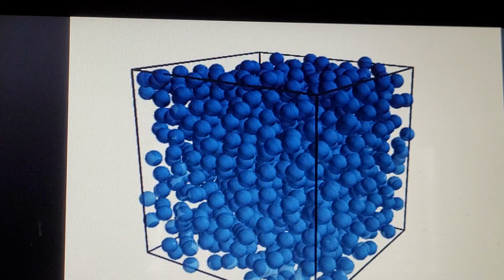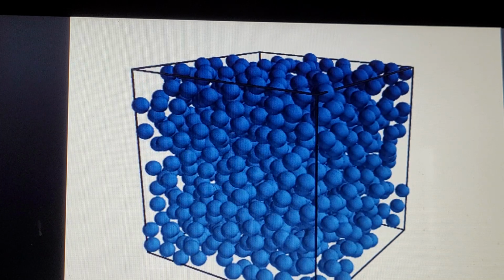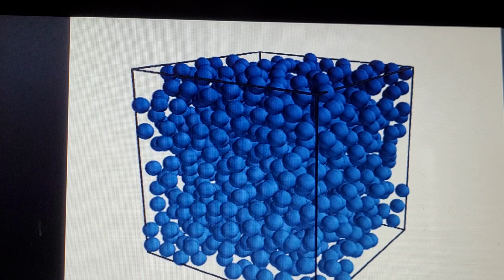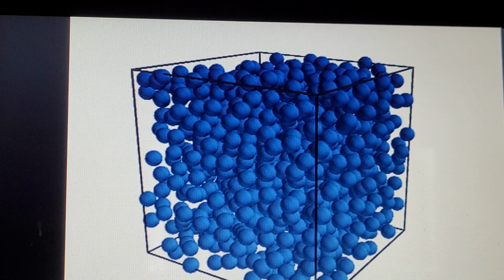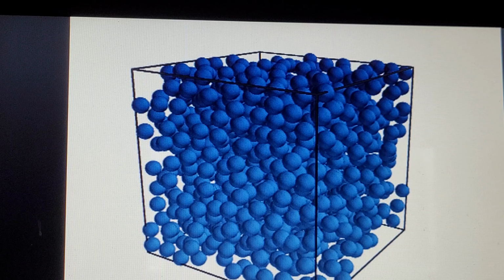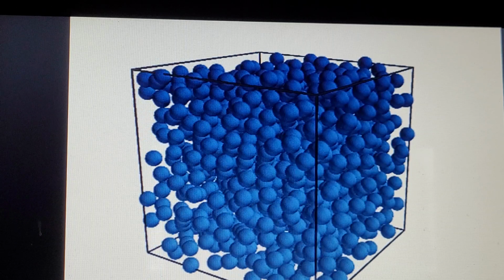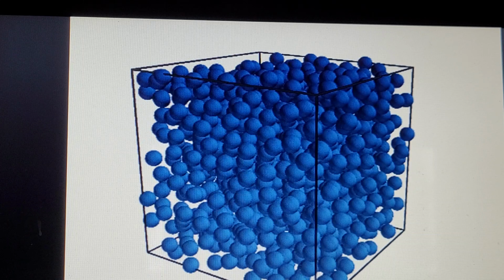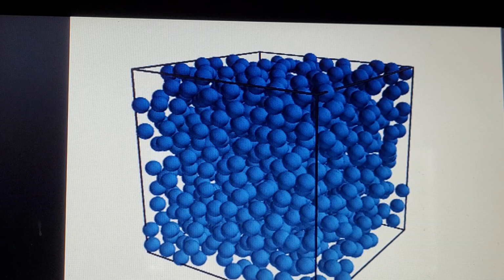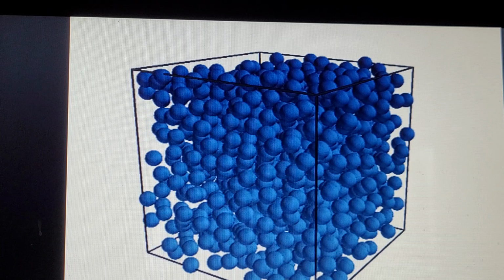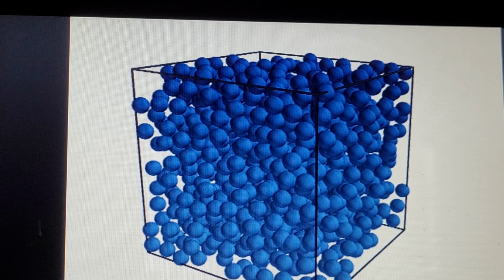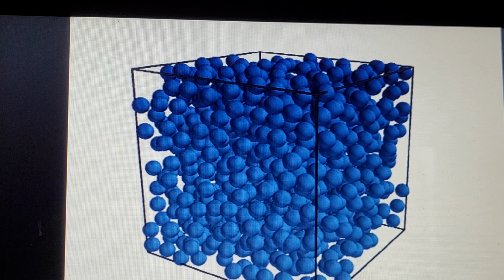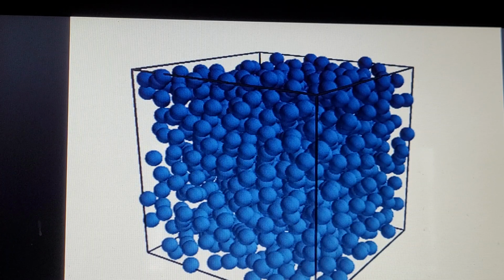Okay, so in the previous slide, I showed my system as some molecules as a fluid in a box, and now you can see, for example, these molecules can be some molecules or atoms of a gas in a box, and you can consider it as a system.